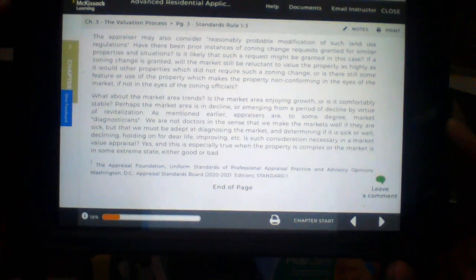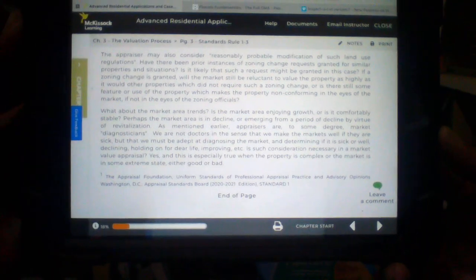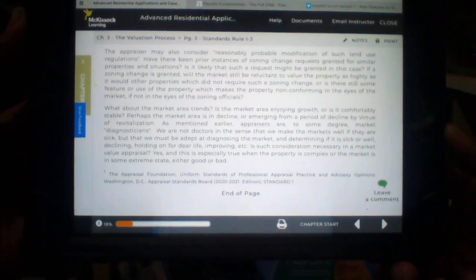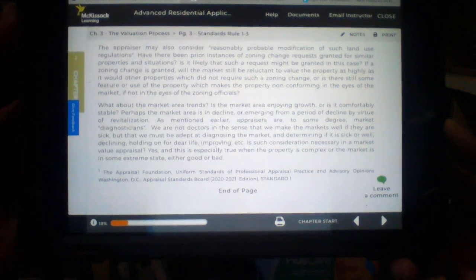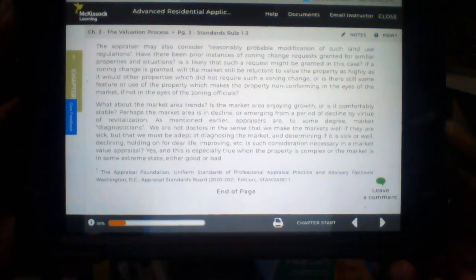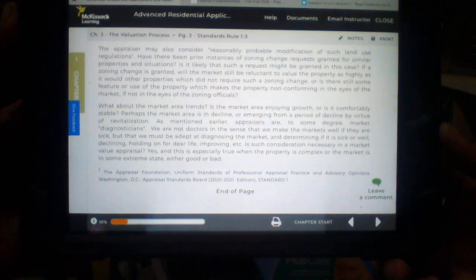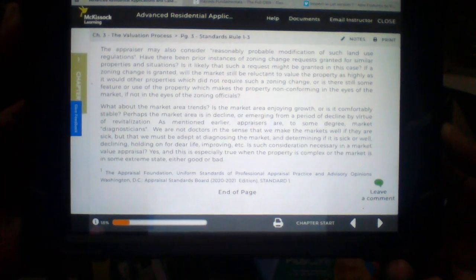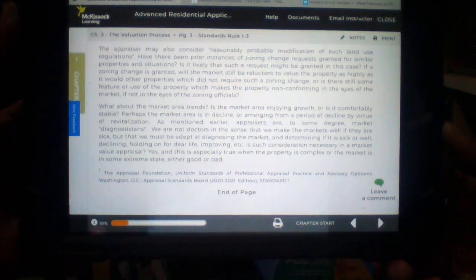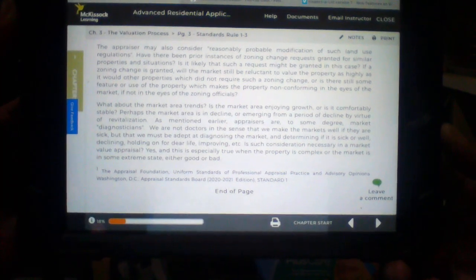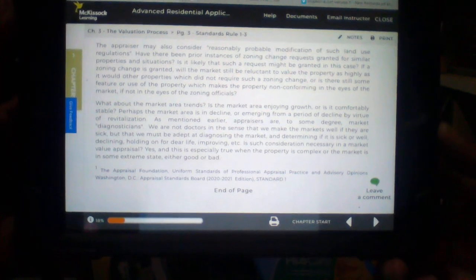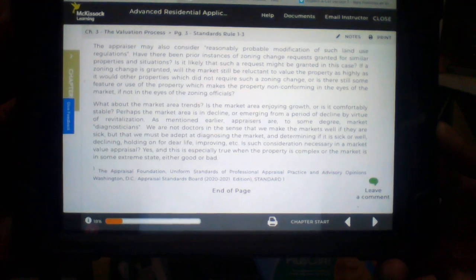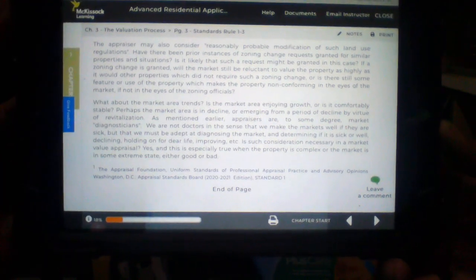As mentioned earlier, appraisers are, to some degree, market diagnosticians. We are not doctors in the sense that we make the markets well if they are sick, but we must be adept at diagnosing the market and determining if it is sick or well, declining, holding on for dear life, improving, etc.